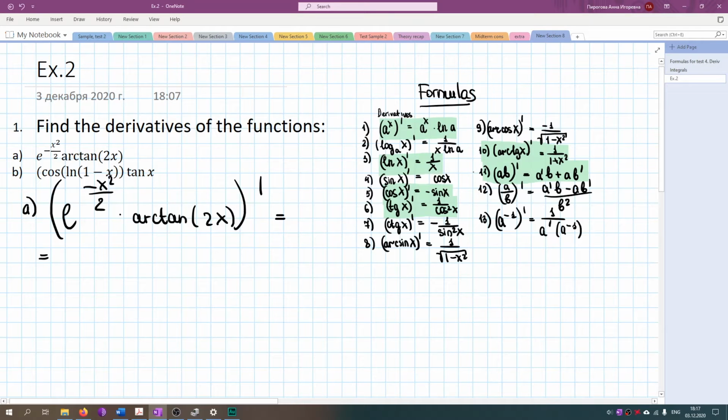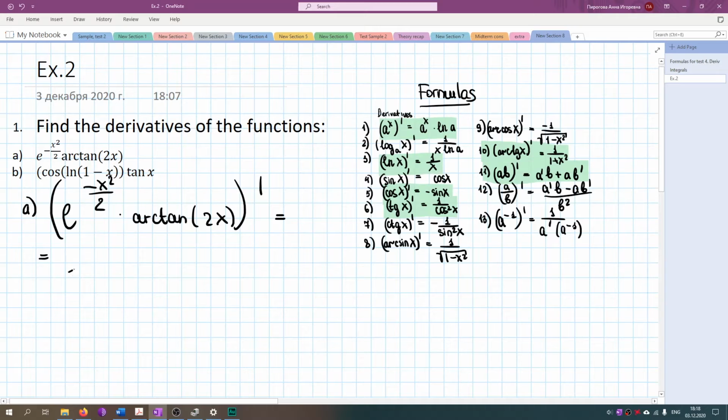Take a look at the 11th formula. Here we have the derivative of two functions, and in this case we need to present it as a sum, where the first component is the derivative of the first function multiplied by the second function, and the second component is the derivative of the second function multiplied by the first function. So here we need to do exactly the same.